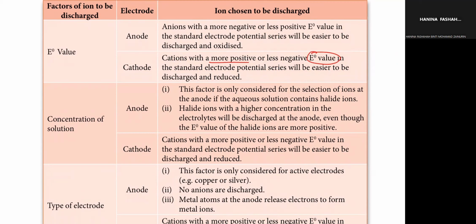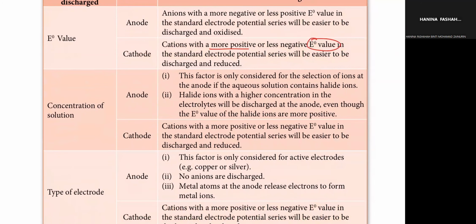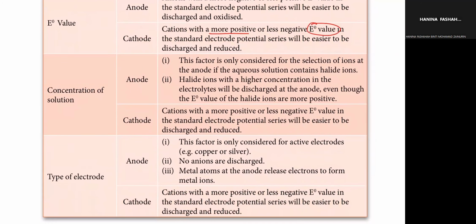But for the anode there are three factors. First, you have to look at the type of electrode, then the concentration, then the E naught value. First, the type of electrode. Normally you need active electrodes.